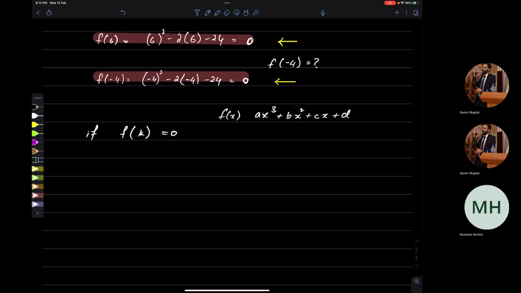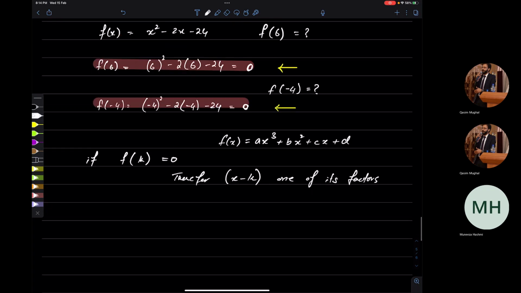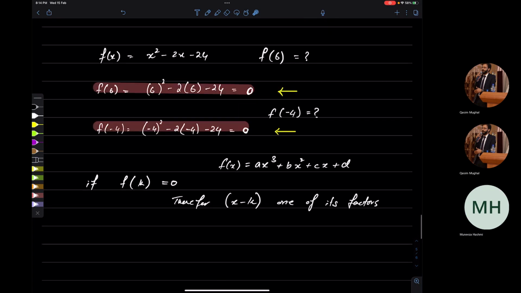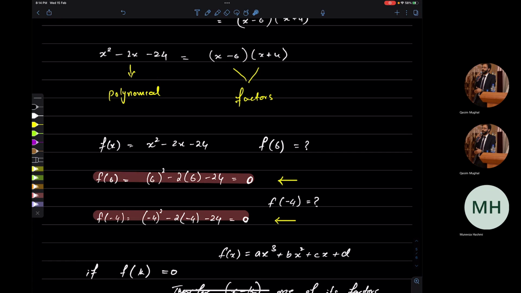If you plug in a number k into this polynomial, and the answer comes out as 0, then therefore x minus k would be one of its factors, because you only get 0 by a number which is the reverse sign of one of its factors.